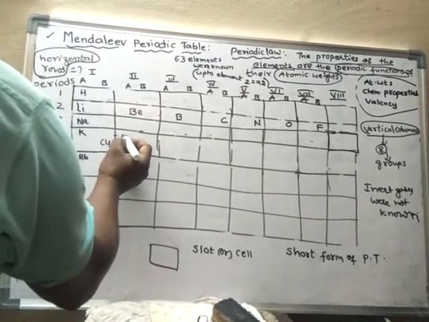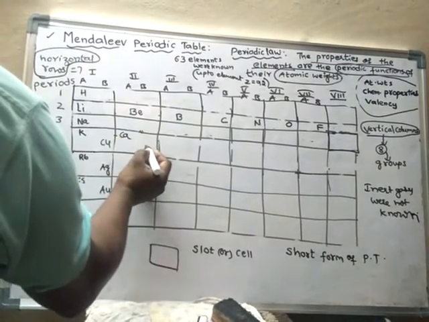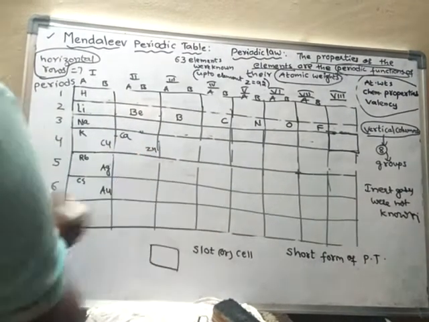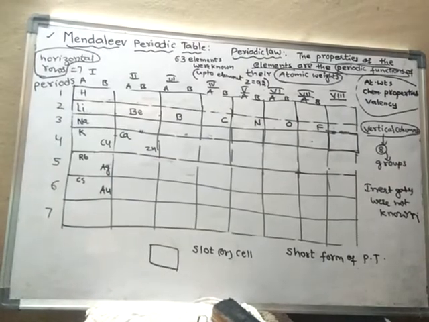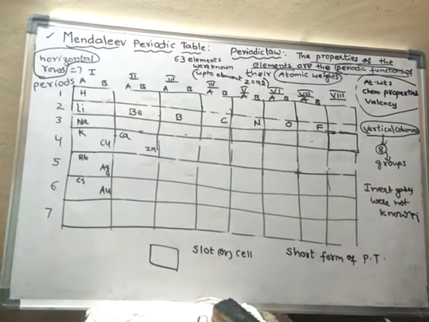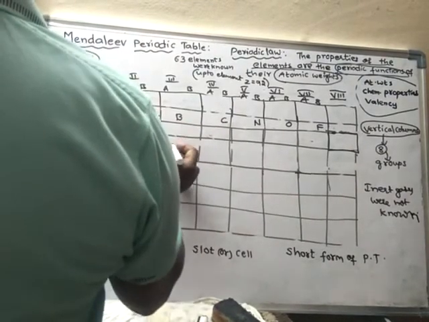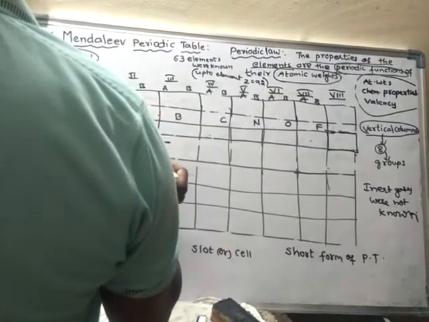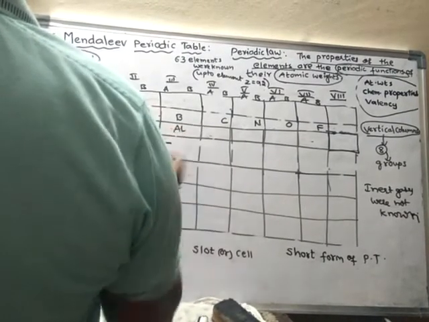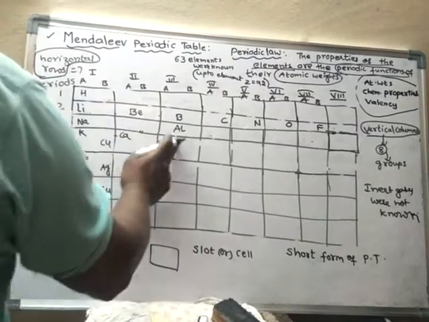Here it should be calcium, zinc. And he left a gap here. It should be aluminum here. He left a gap.